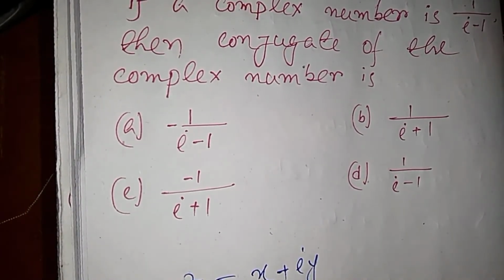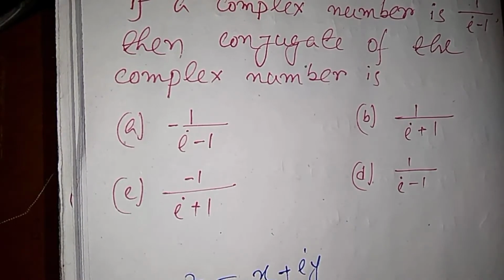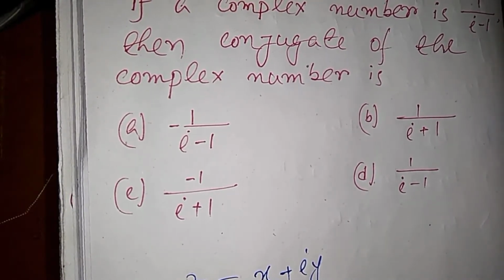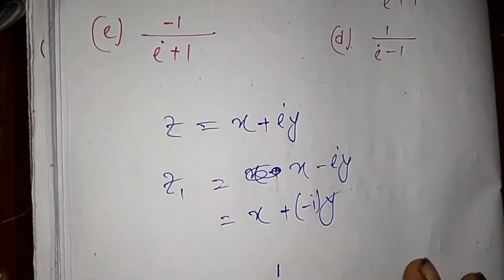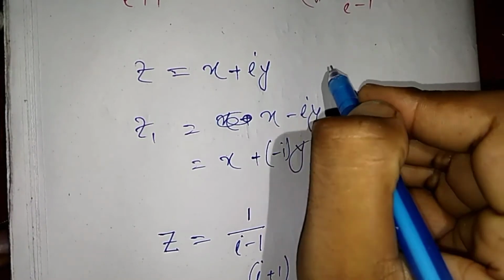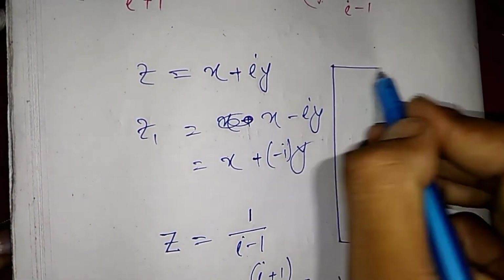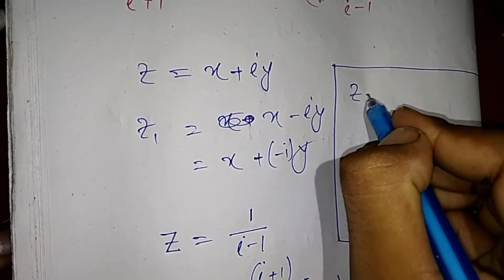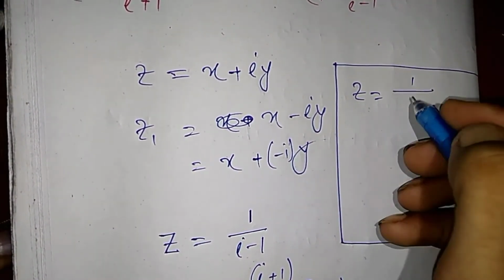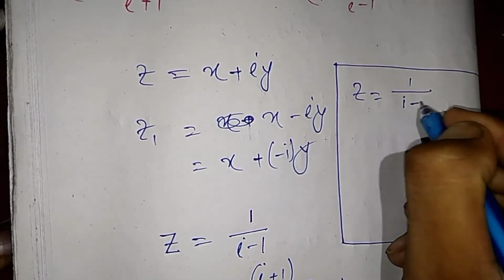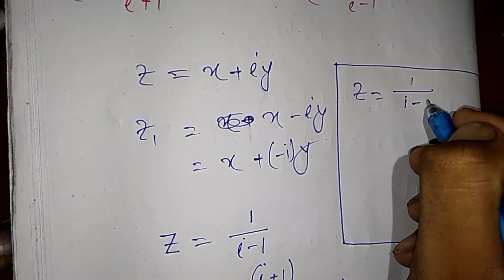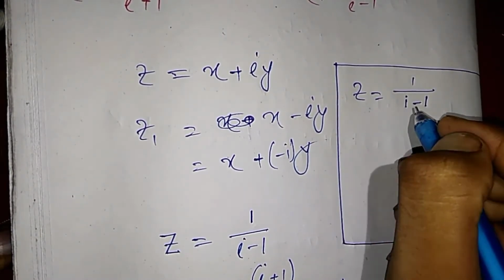If we put the conjugate value of i first, then it easily becomes minus 1 upon i plus 1. So I will do it clearly here. z equals 1 upon minus 1 plus i.